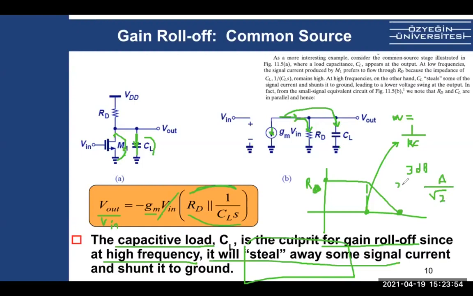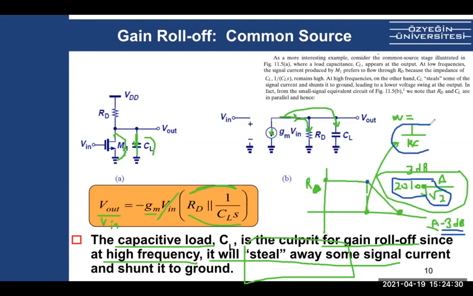If you do 20 log this, 20 log this, it is A minus 3. So that's why you lose the gain by 3 dB. So 20 log of 1 over square root 2 is minus 3 dB. Okay, so this frequency, angular frequency 1 over RC, causes this voltage to drop by 3 dB.